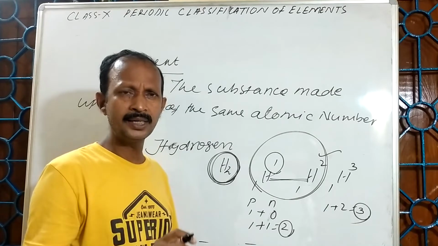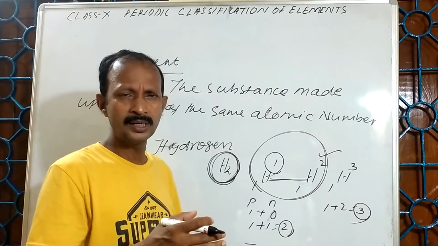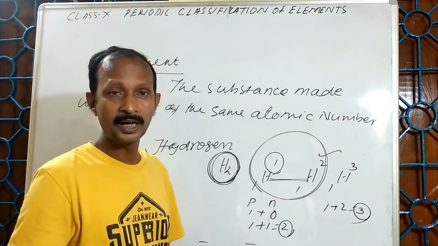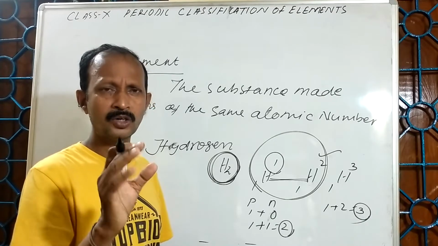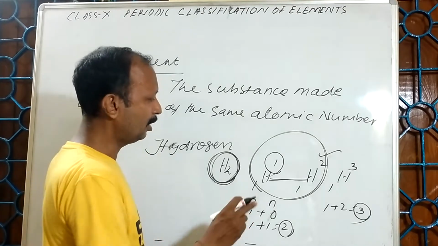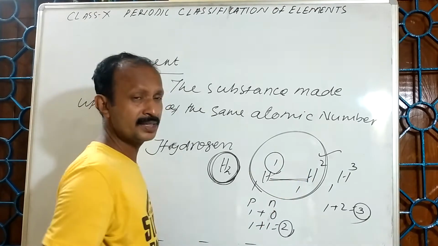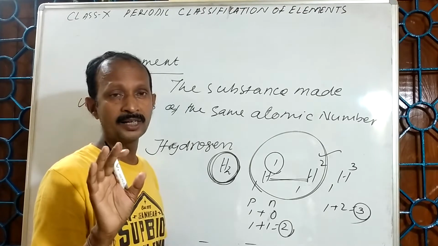So I can't say same kind of atoms. In lower classes, children can't understand this, so we used to say same kind of atoms. But if I say same kind of atoms, it is correct, but not exactly correct, because both hydrogen atoms' masses are different. So I can't say they are the same kind of atoms.